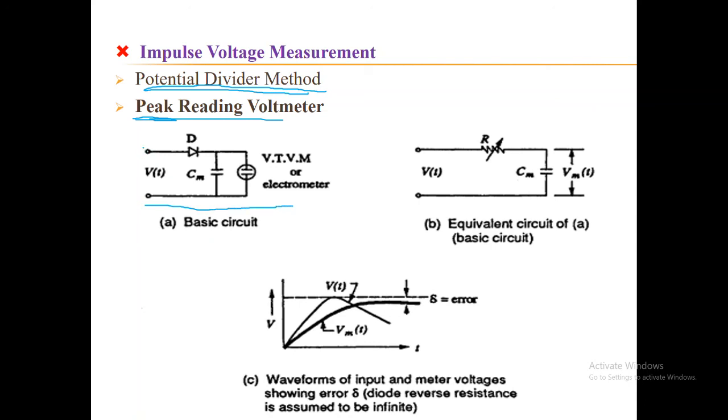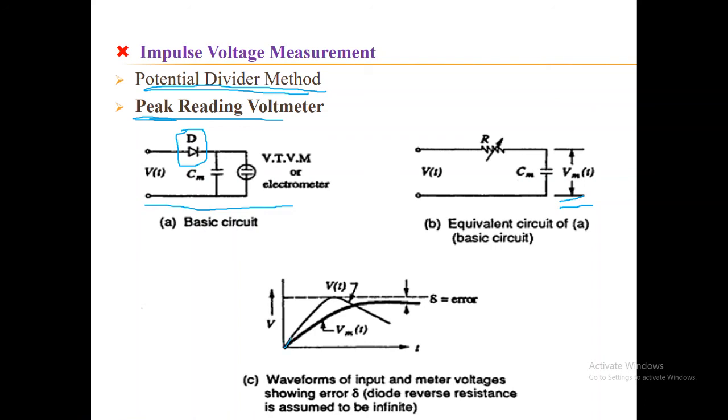So this is the voltage which we are going to apply. Okay, this D is a diode, and this Cm is the capacitor which is going to be charged to measure the peak magnitude of the voltage. And here an electrometer is there, so ultimately it measures the voltage. Okay, so you know the nature of the impulse voltage, you know the wave shape of impulse voltage.